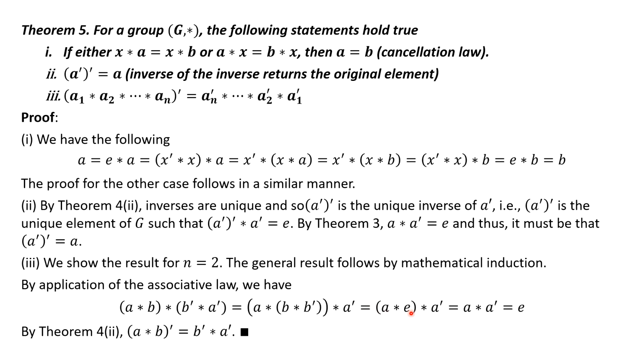So we have A times the identity times A inverse. Then A times the identity, of course, is just A, and then A times A inverse is the identity. So what we've shown is that this times this gives us the identity, which means this term here is the inverse of this product. So that proves the theorem in case n equals 2. And as I say, the general result just follows by mathematical induction.